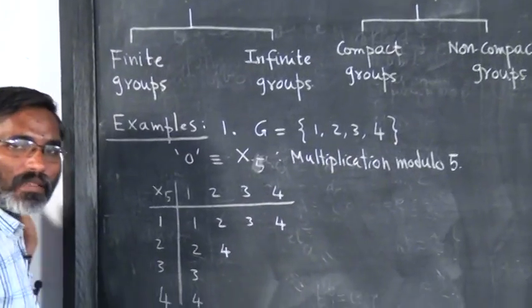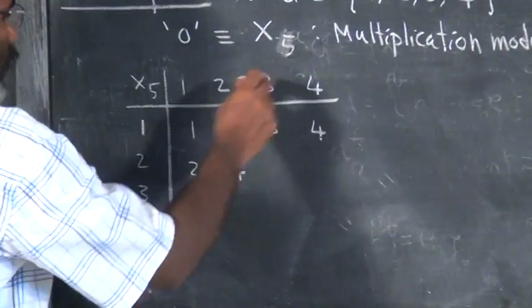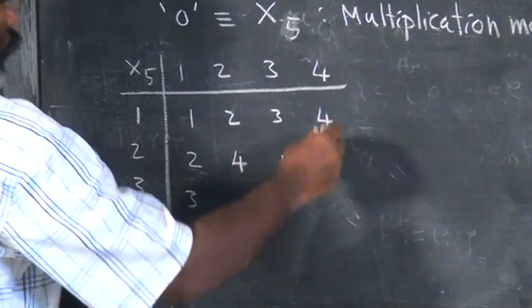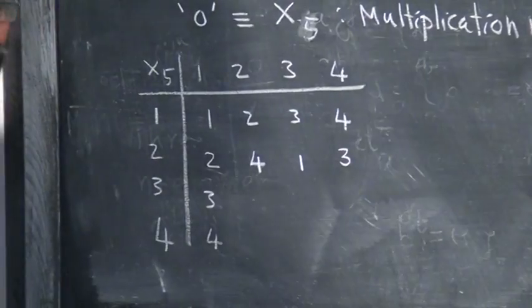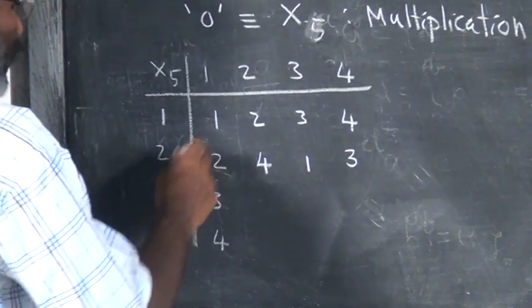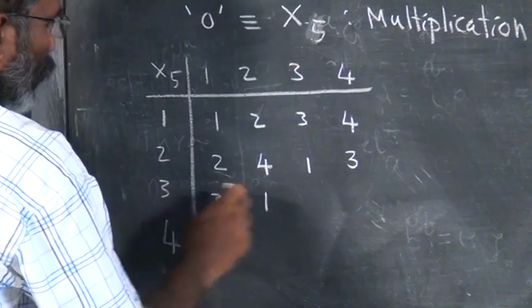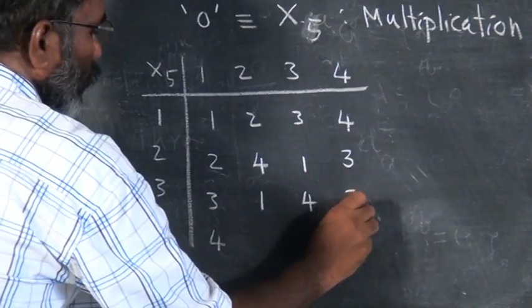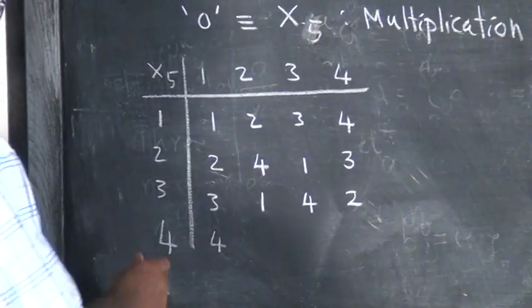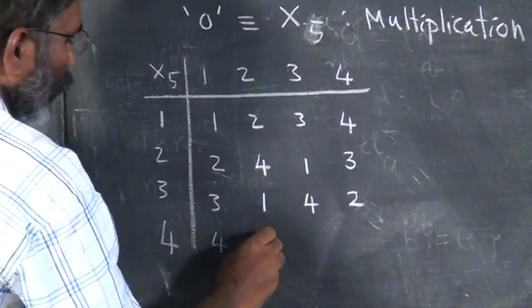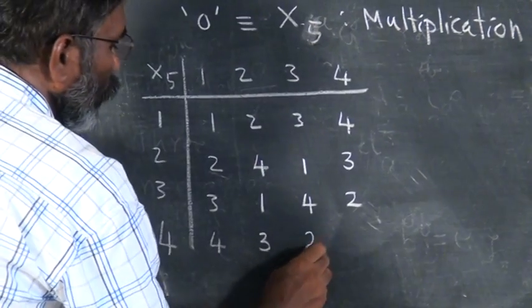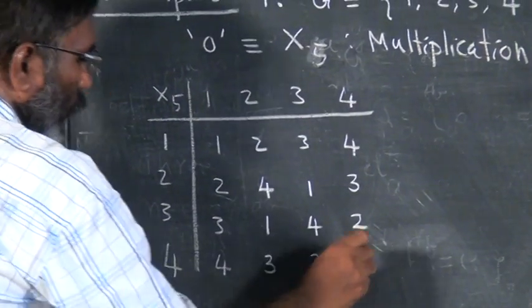There is no problem because it is less than 5. 2 into 3 is 1. 2 into 4 is 3. 3 into 2, 3 into 3, 3 into 4 is 2. Correct? 4 into 2 is 3, 4 into 3 is 2, 4 into 4 is 1.